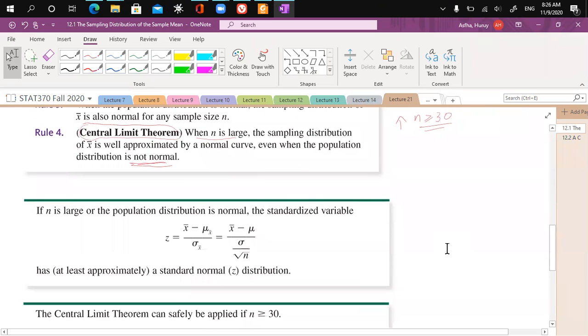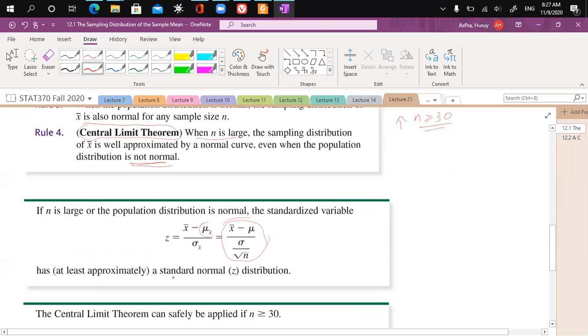So based on these rules, if n is large or if the population distribution is normal, then the standardized variable z equals x bar minus mu x bar, the mean of the x bars, over the standard deviation of the x bars, which is given by this. The standard deviation of x bar is given by this, and the mean of x bar is given by this. So this is approximately a standard normal distribution.